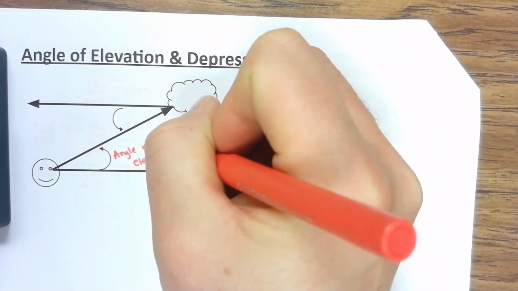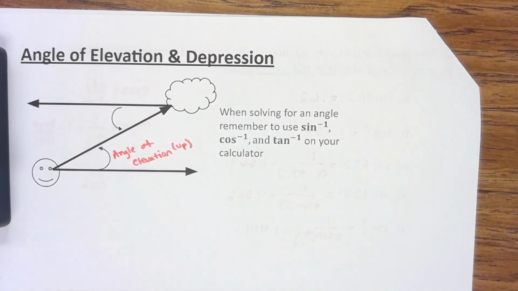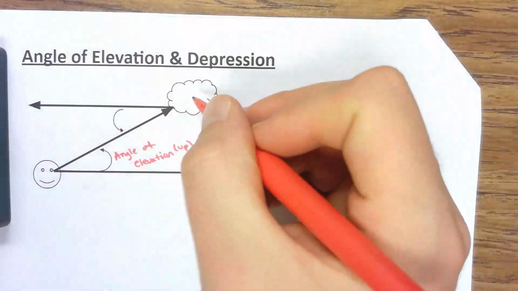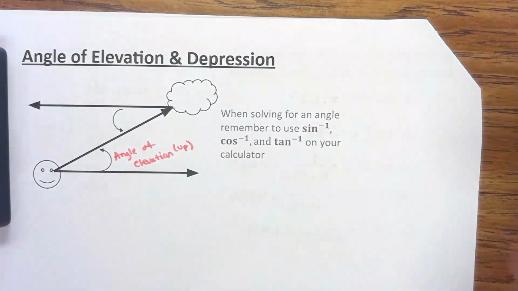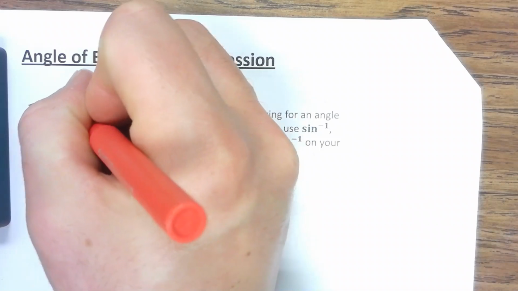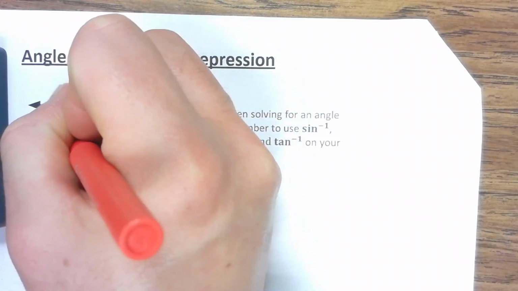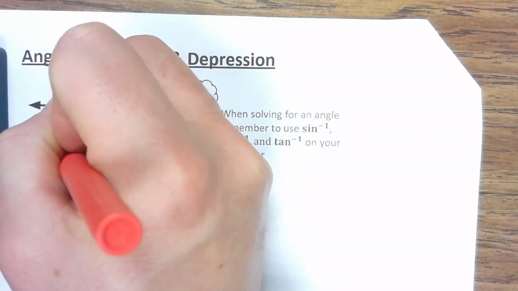So that's us looking up. And then the opposite is, let's say we were trying to find the angle from the cloud down to the eyesight here. This would be the angle of depression, which is us looking down.